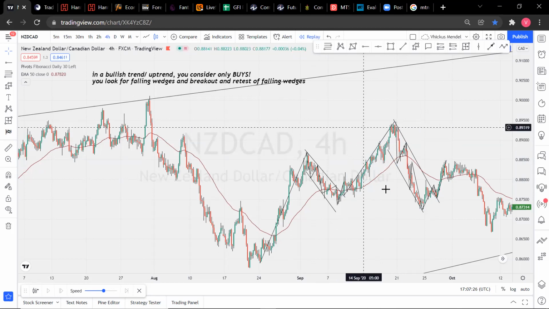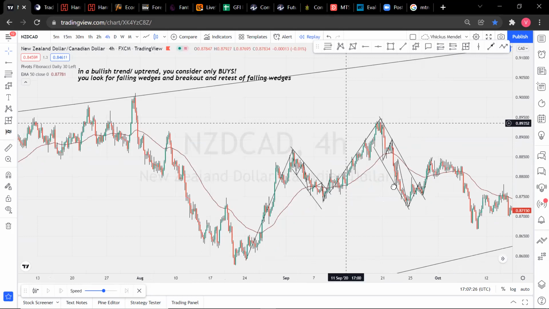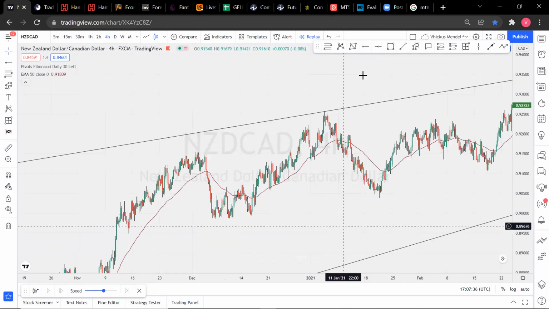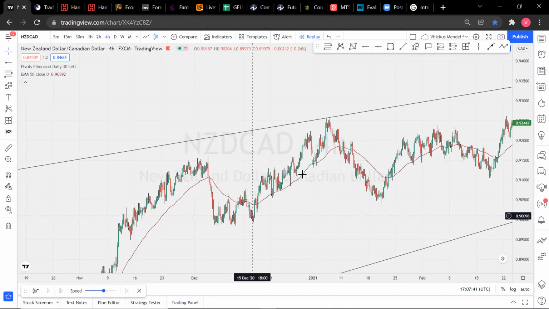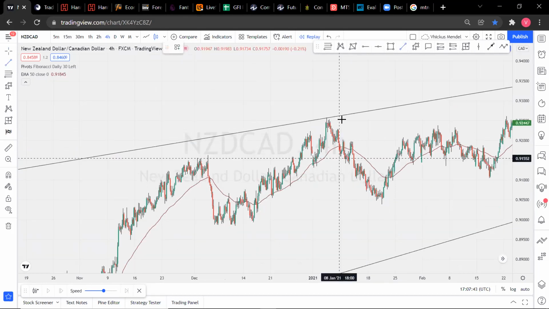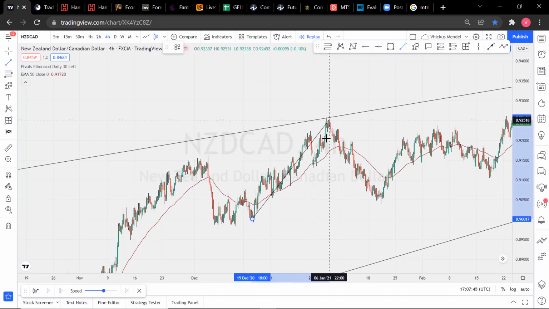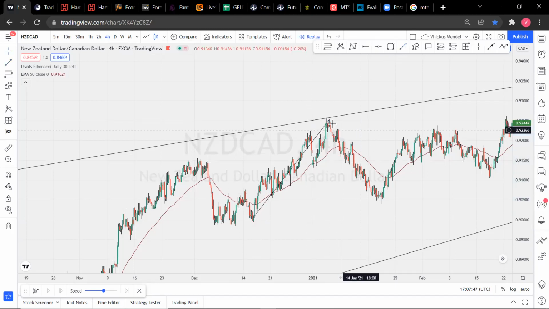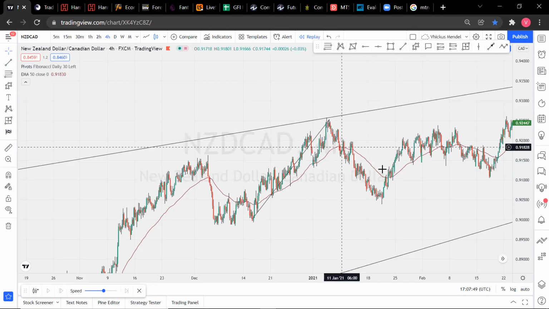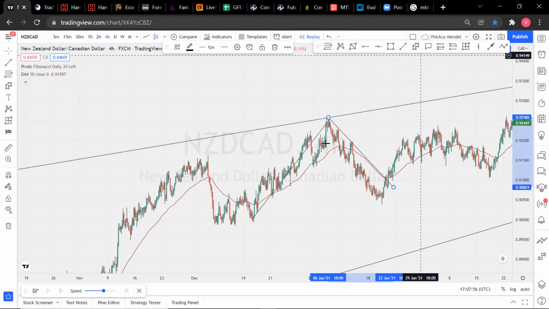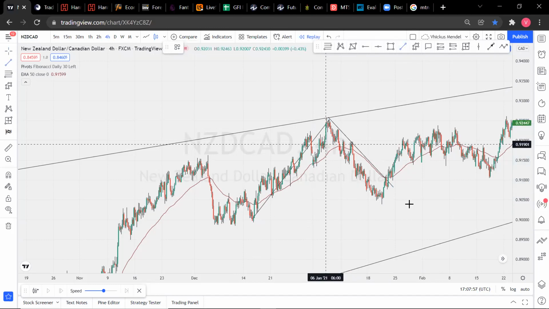So even see, after this impulse move, after this buy, if you are looking for a buy again, you just have to wait for this correction. So every correction gives you the opportunity to enter the trade.